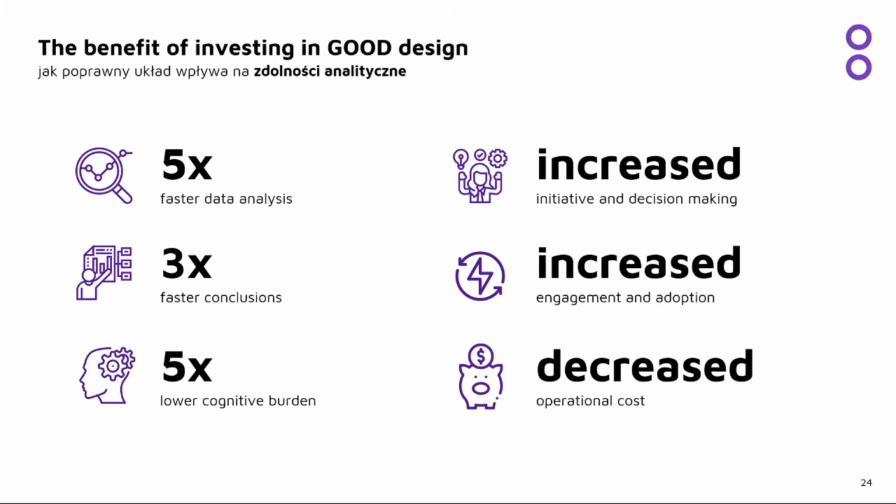If you don't see the data instantly, you try to find it. You are lost on the screen, and it takes time, and it's a very big burden on your mind to analyze the screen and to find the data. This is heavy. Essentially, the decision making is increased. You understand the data, you feel good about it, so you can make a decision.